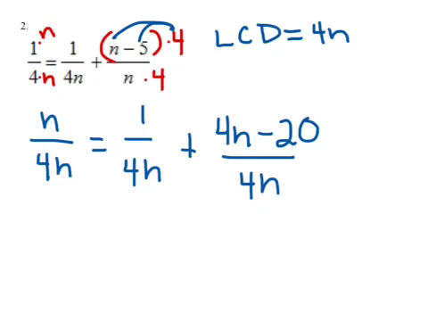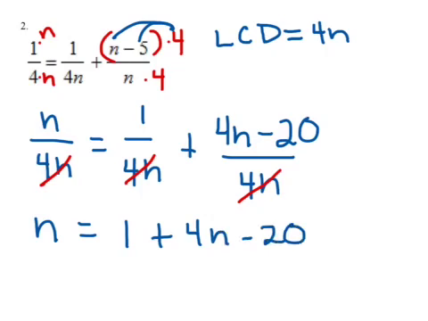Now, since I have all fractions with the same denominator, I can now cancel this denominator. So I'll rewrite my equation without this denominator. My resulting equation is n equals 1 plus 4n minus 20.